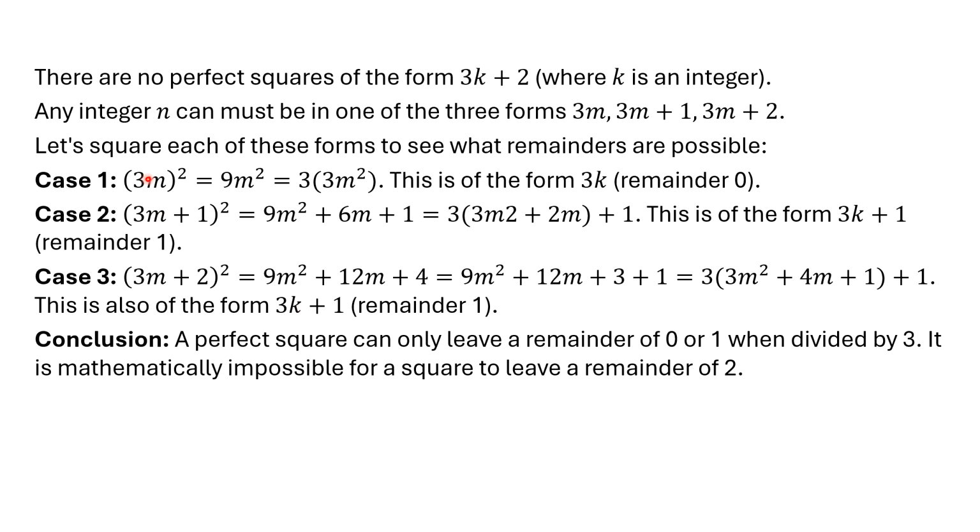So no matter what form n is of, when you square it, you get either the form 3k or 3k plus 1, but never 3k plus 2. So we've proven this, which means if we take d equals 3 and a equals 2 mod 3, any such arithmetic progression will not contain a perfect square.